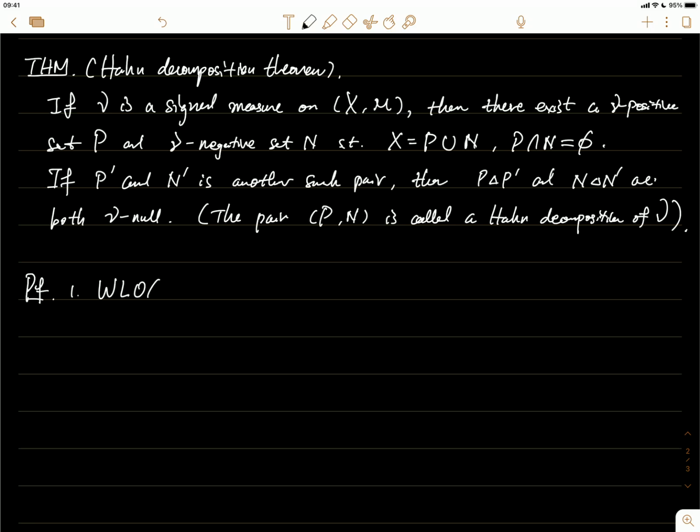So without loss of generality, we assume this nu can only take R or negative infinity.